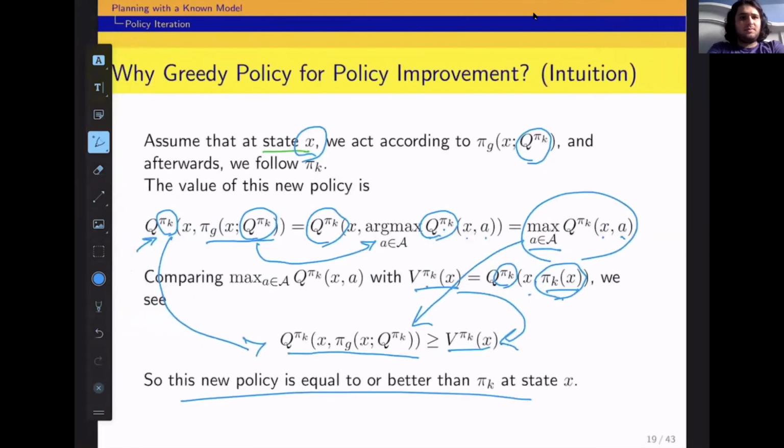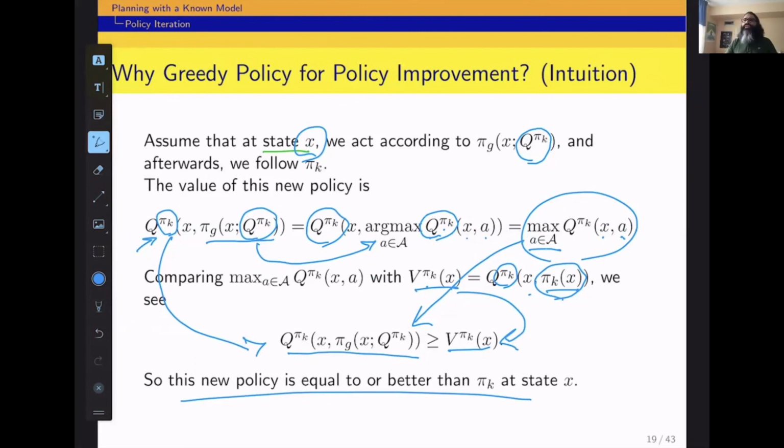What was the problem of it? The only thing I can think of is that you haven't proved that it will strictly improve at least one of the states, if it's not pi star. That's the only thing I can think of.